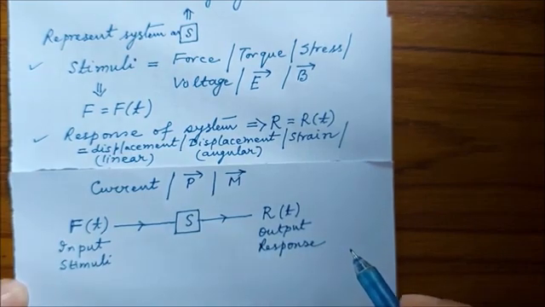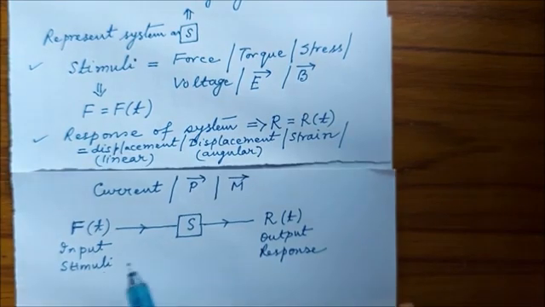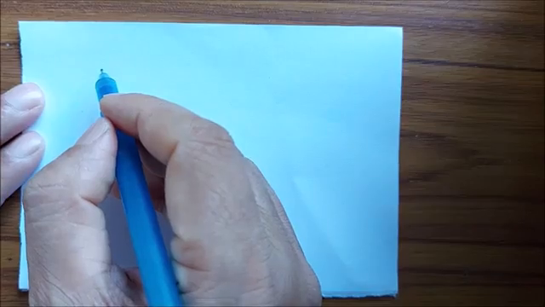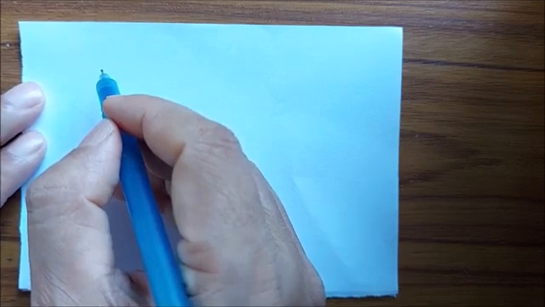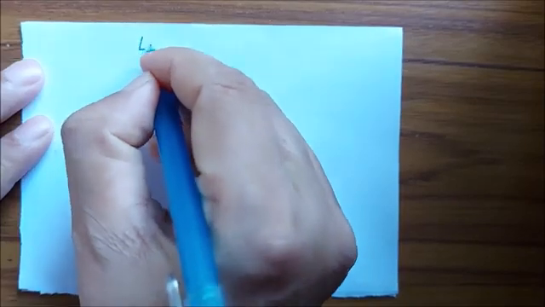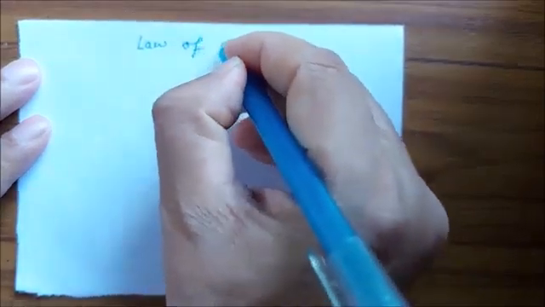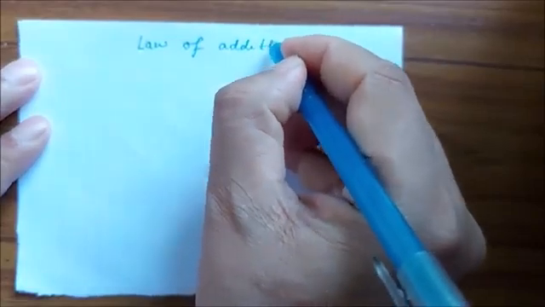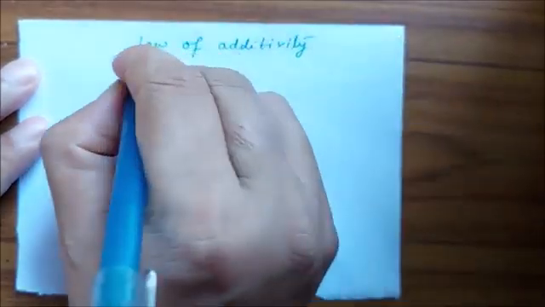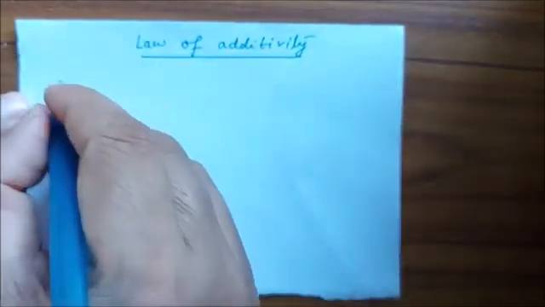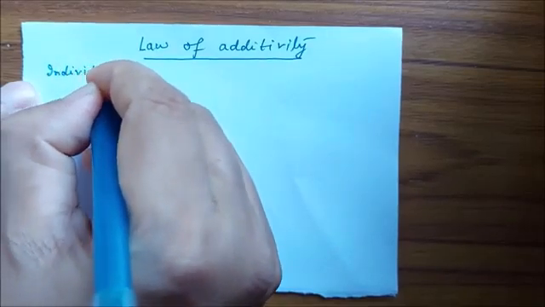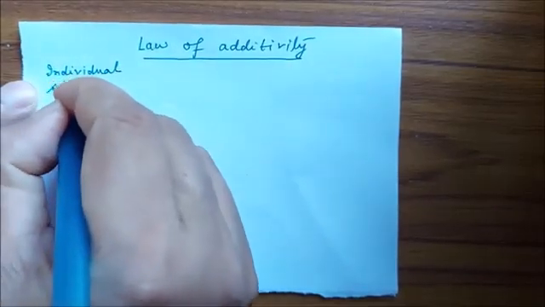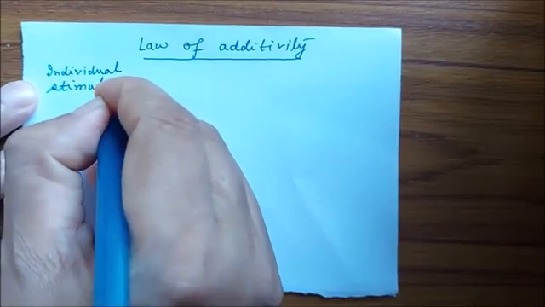Let us now mention what we mean by the principle of linear superposition with reference to this diagram. To describe the principle of linear superposition, we have to study two laws first. One is law of additivity. Let us apply the individual stimuli to the system first.